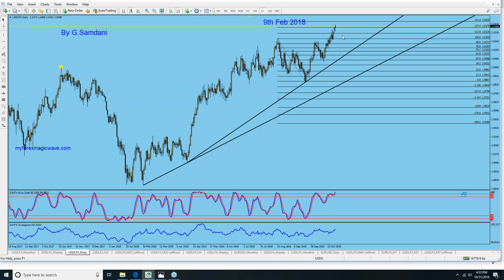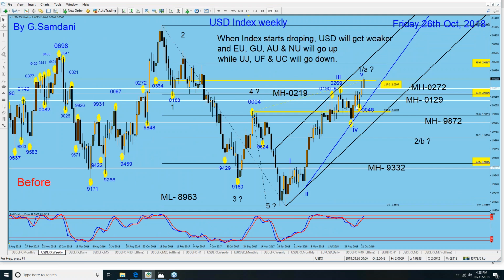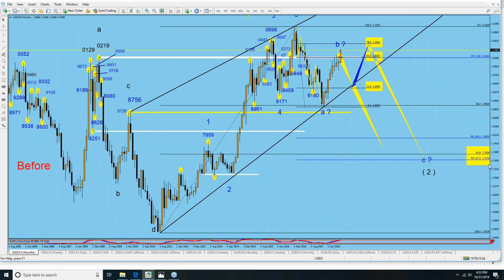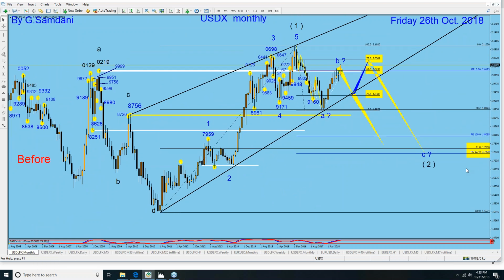So for that matter, see here you can't see anything, right? It's very hard, especially on a monthly chart. By the way, my monthly chart is still, this is how it is. This is 61%, this is 78%, so we are in between, which is usually 70.7. Let me just mark this here.